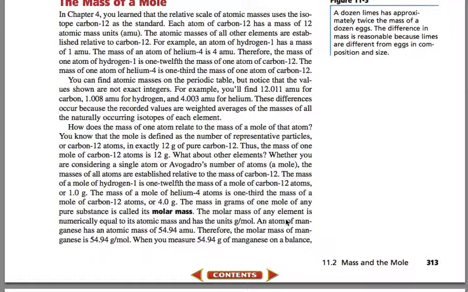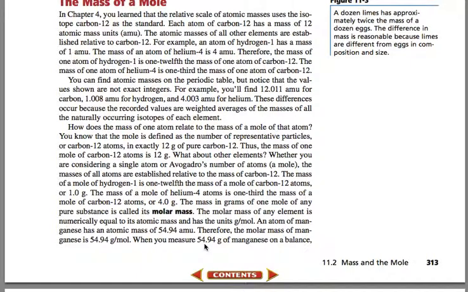The molar mass of any element is numerically equal to its atomic mass and has the units grams per mole. Okay, grams per mole. An atom of manganese has an atomic mass of 54.94 AMU. Therefore, the molar mass of manganese is 54.94 grams per mole.